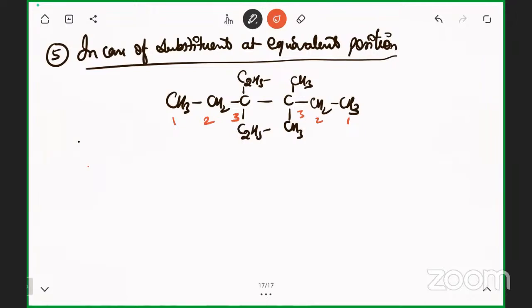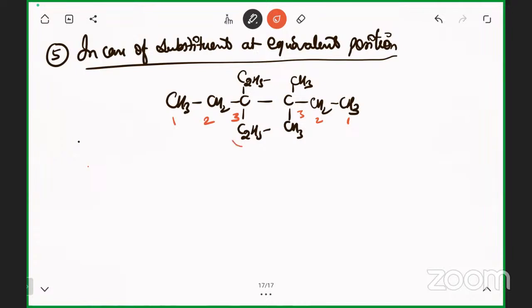if the substituents are present on equivalent positions, if I see from the left side the substituent is on the third position, and from the right side also the third position, what we will do in this particular case is write the name of the compound in which the substituent comes first in the nomenclature.